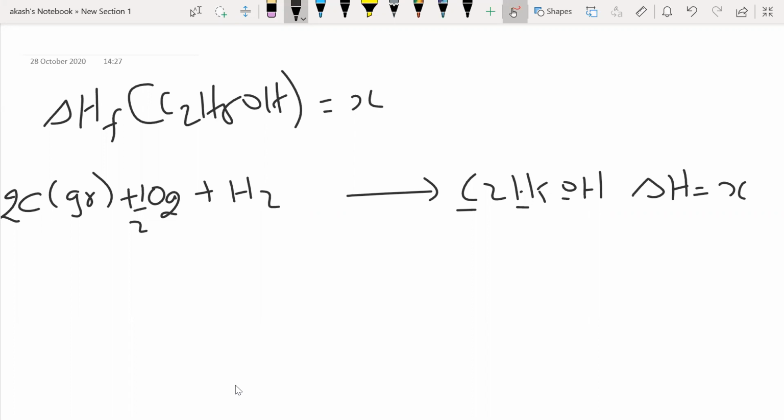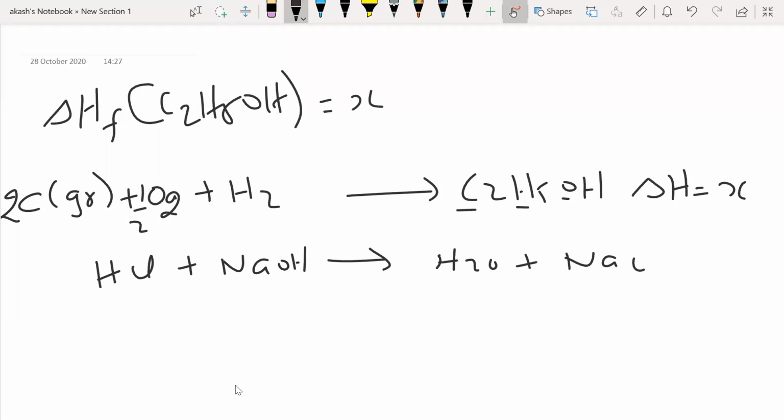Okay, right. Now people, with the help of enthalpy of formation and one more, enthalpy of combustion, you will be able to find the overall enthalpy of reaction. Say, for example, I give you a reaction like this. I have, say, HCl reacting with NaOH, giving H2O plus NaCl, right?